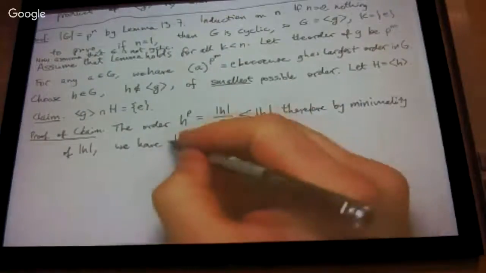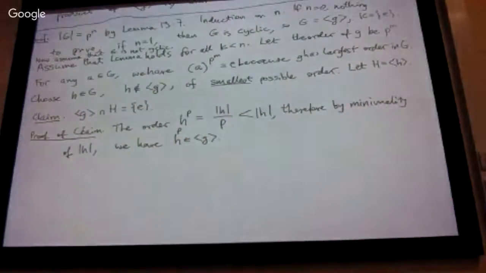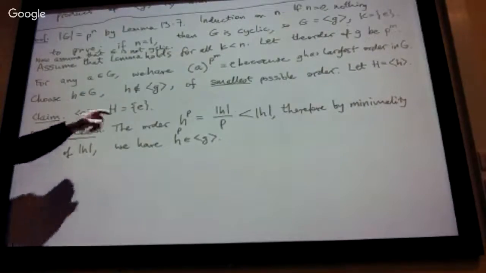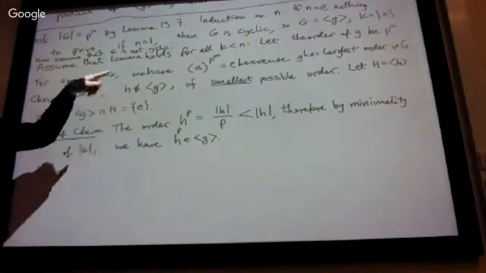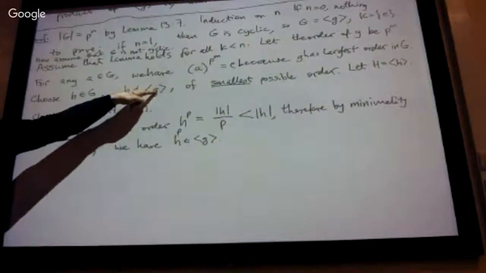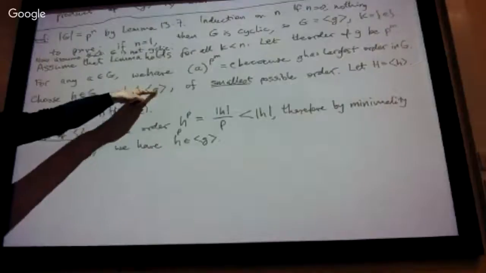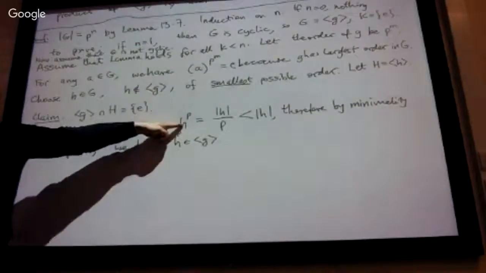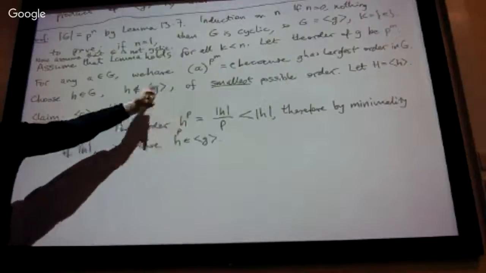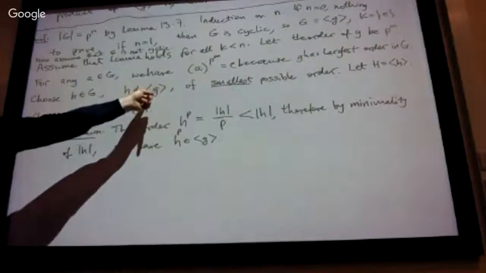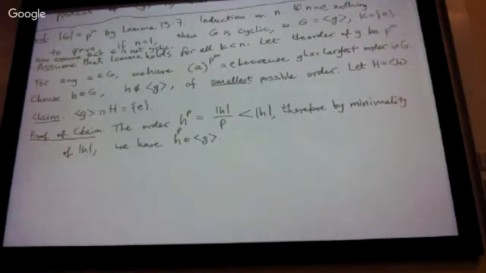H to the p, sorry, by minimality of the order of h. Among the things that are not there, I chose the one with the smallest possible order. This element has even smaller order, and I didn't choose it, so it must have been in there. Otherwise, I would have chosen it rather than h.